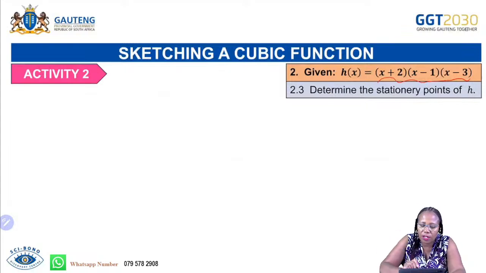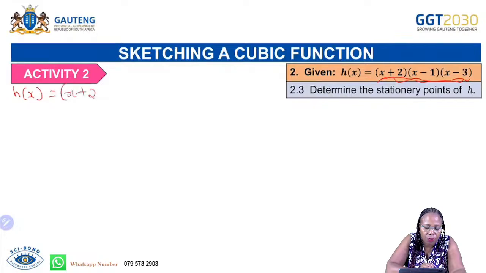So the first thing that you'll be doing is to simplify this bracket here. Okay. So we are having h of x. Then I'm going to leave the first bracket and start with the next two. So when you are multiplying, it will be x times x, which is x squared. And then x times minus 3 is minus 3x.